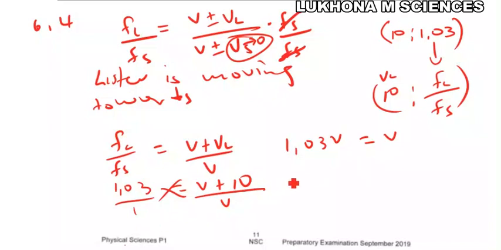Then we transpose, so we are left with 0.03 V equal to 10.